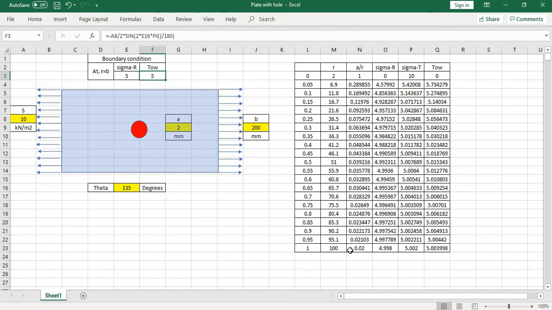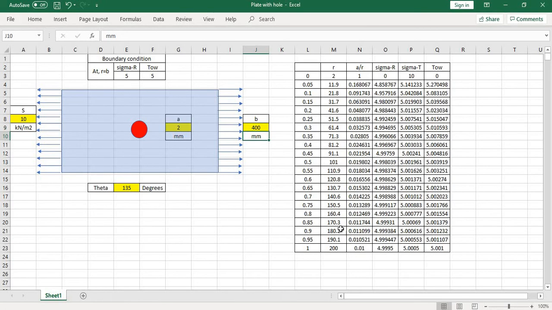As r becomes maximum, sigma r is 4.998, which is closer to this, and tau is 5.003, which is closer to this. Now as the plate size increases, meaning r tends to infinity, the convergence of sigma r and tau r theta becomes even closer to the boundary condition.